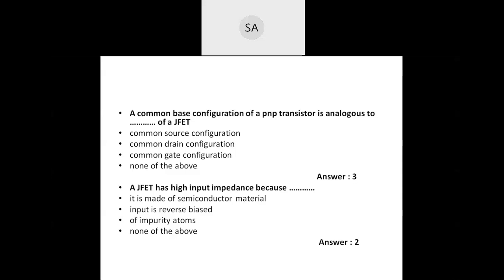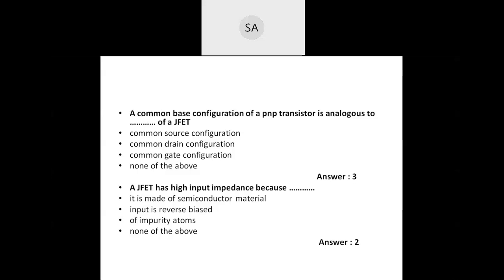Common base is equivalent to common gate, common source is equal to common emitter, and common collector is equal to common drain of a JFET. So the question is common base, and common base is equal to common gate configuration of the JFET. So the answer is third.